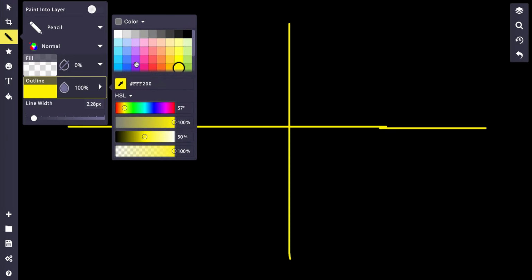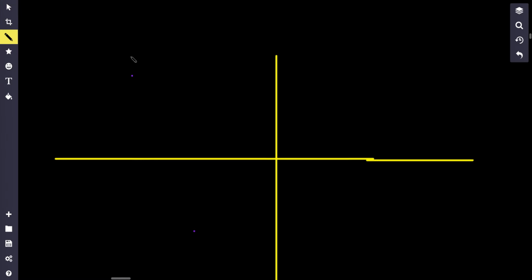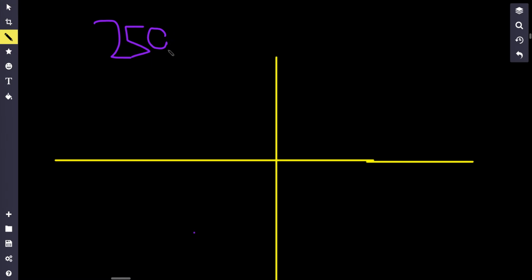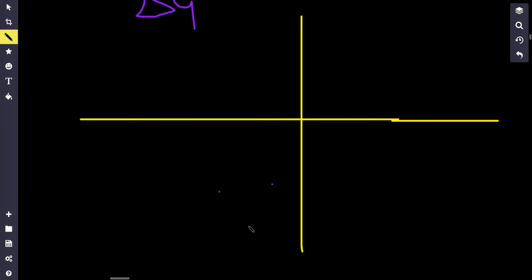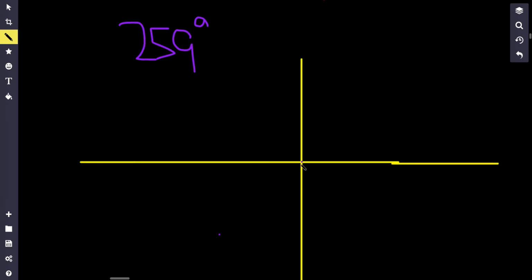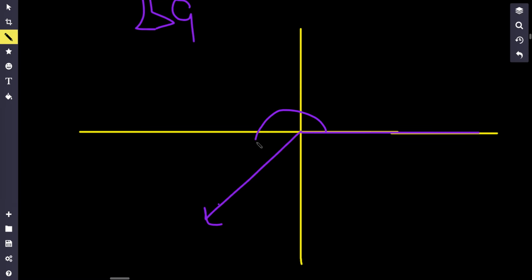Let's say that I create a 259-degree angle. What's my reference angle? A 259-degree angle is right over here. Actually, if I'm being a little more realistic, it's going to look like this.